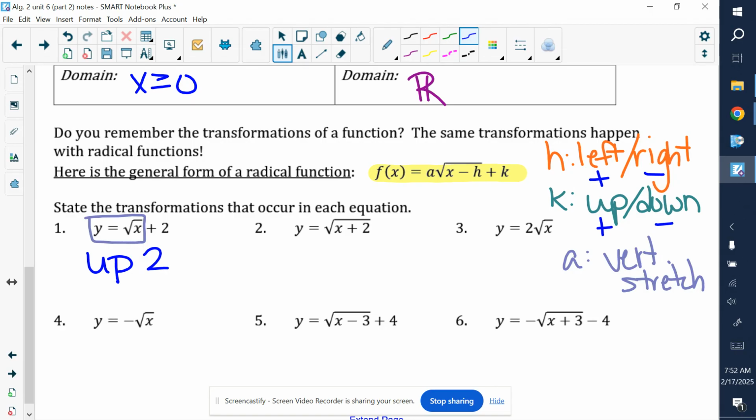Now it is y equals the square root of x plus 2, where the plus 2 is underneath my radical. It is inside my function here. So now it correlates with my h value. So it's left or right, and because it is a plus 2, we are going to go left 2. Number 3, now I'm taking the square root of x and multiplying by 2. This means I have a vertical stretch of 2.